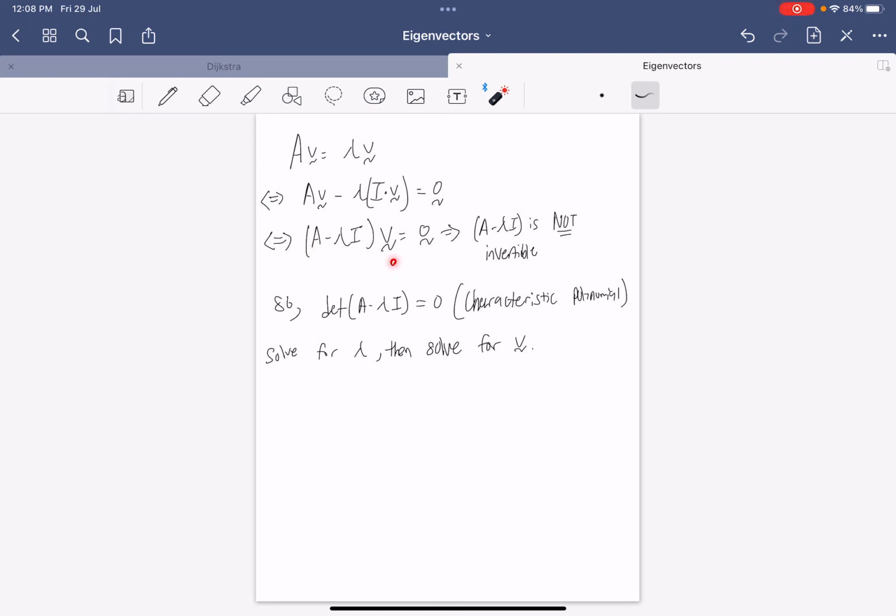But since V is non-zero and the resulting one is 0, this square matrix here must be not invertible. And so the determinant of it equals 0. This equation over here is called the characteristic polynomial equation. This allows us to solve for lambda, the eigenvalue, and afterwards solve for V, the eigenvector.